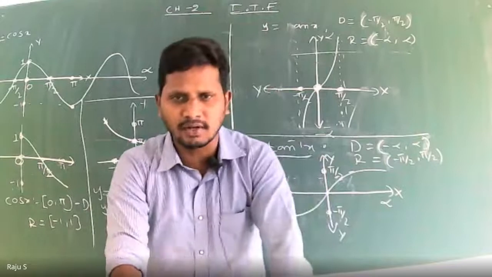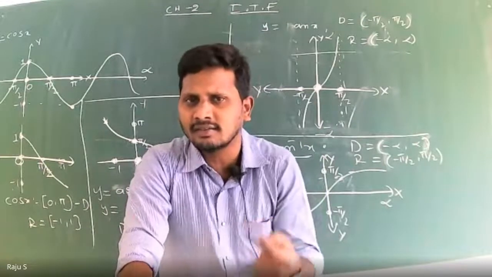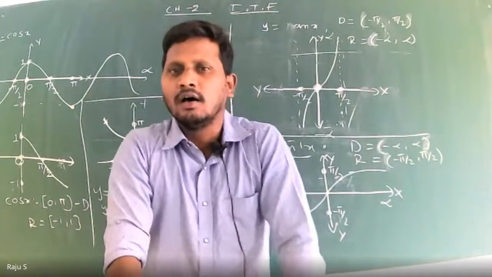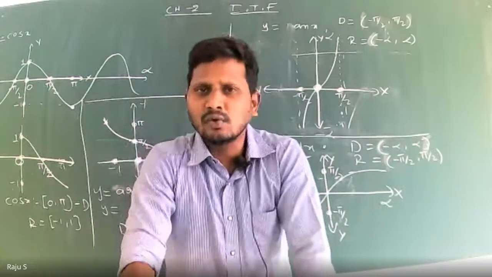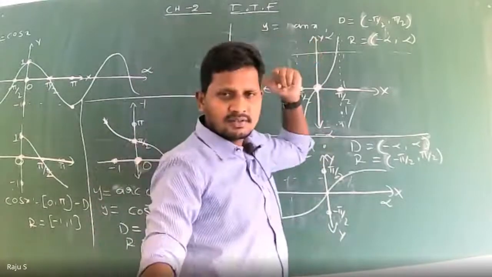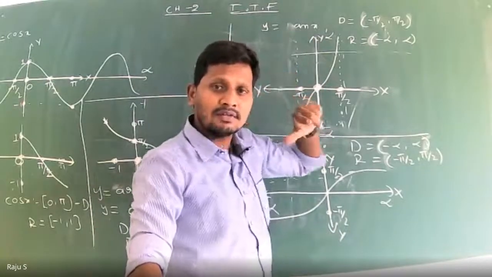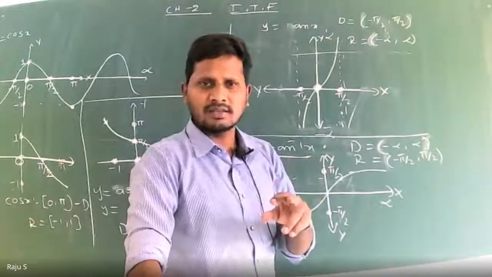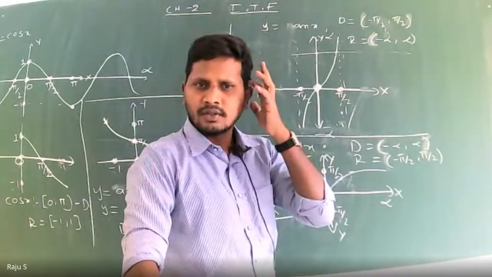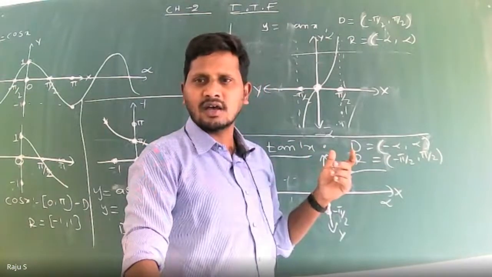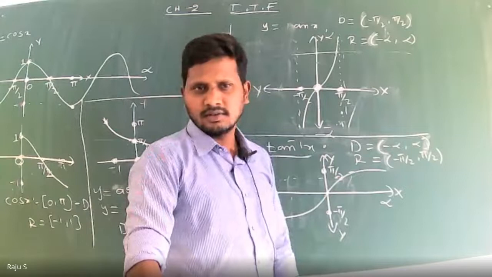For example, in case they ask the principal value branch of cosecant inverse, first you should find the sine inverse. Cosecant inverse will be the same as sine inverse, I will explain. In the same way, cot inverse, tan inverse, cos inverse, secant inverse.